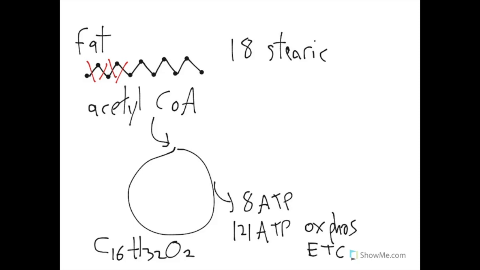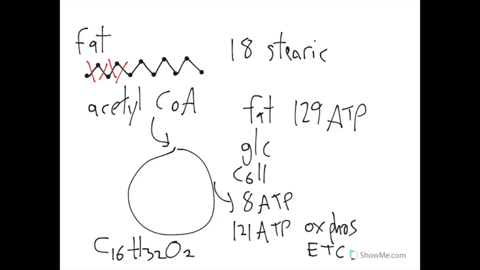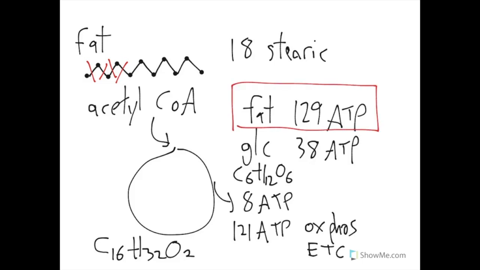So our 16 carbon fat molecule generates in total 129 ATP, where our 6 carbon glucose molecule, which we can draw here as C6H12O6, generates only 38 ATP. So at first glance, it seems like fat is the clear winner in terms of energy.